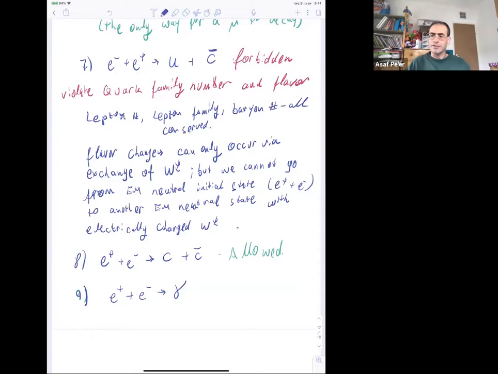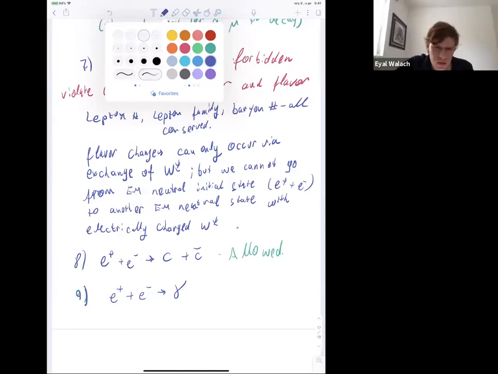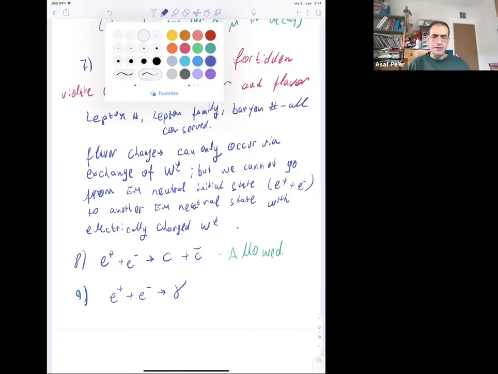More suggestions? What do you say, guys? Allowed or not allowed? I think it's forbidden. Okay, we have two that say it's forbidden. Why do you think it's not allowed?